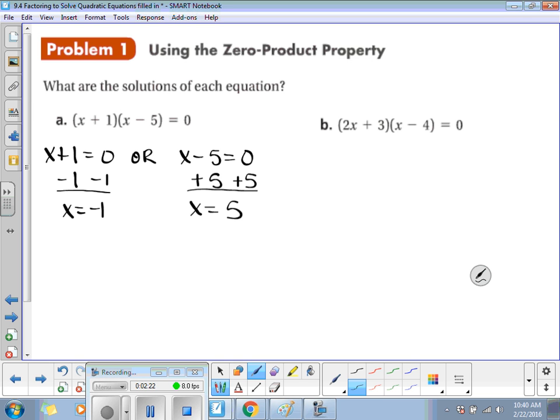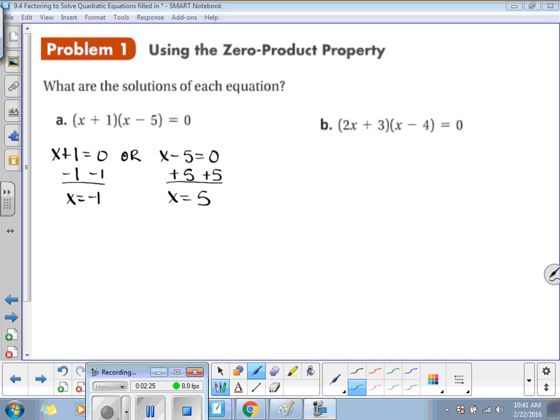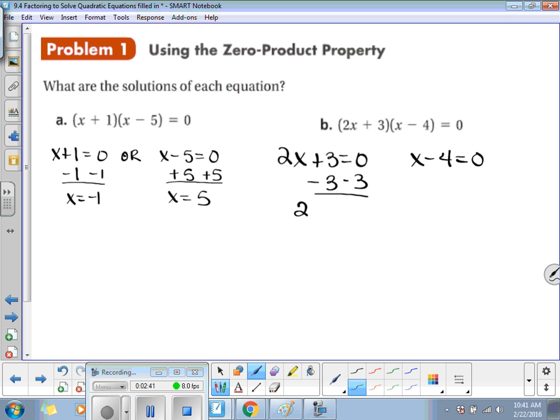All right, for problem B, if we set both of them equal to 0, 2x plus 3 is equal to 0, and x minus 4 is equal to 0, and we solve for x. We subtract 3 on both sides, 2x is equal to negative 3, divide by 2, so x is equal to negative 3 halves.